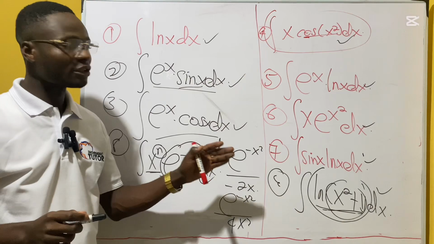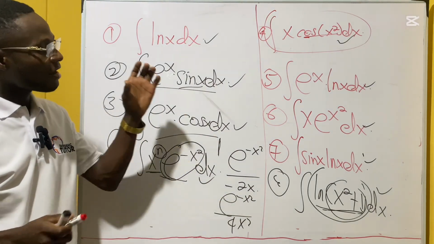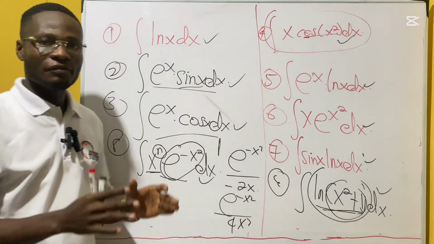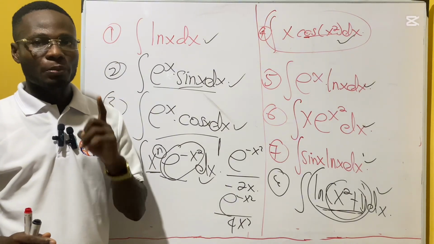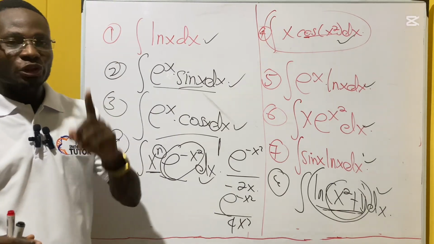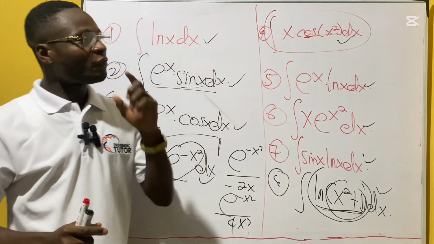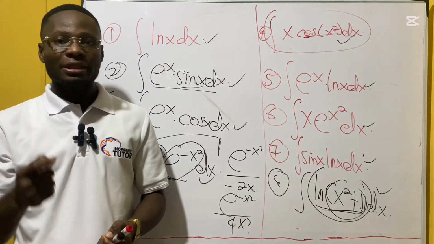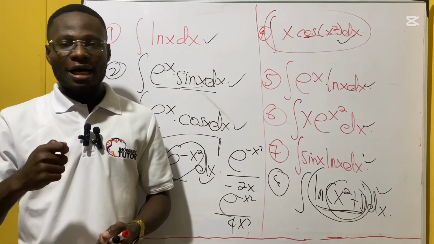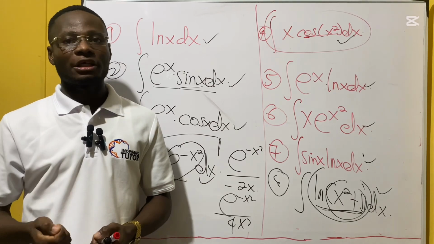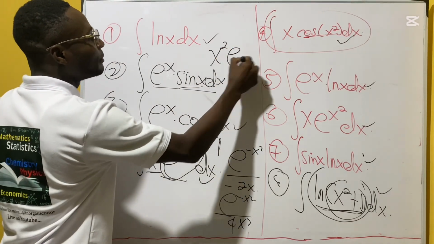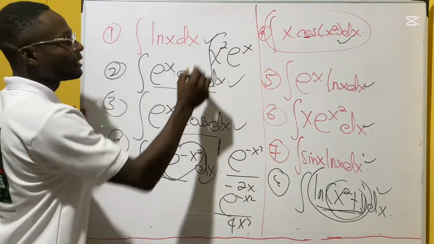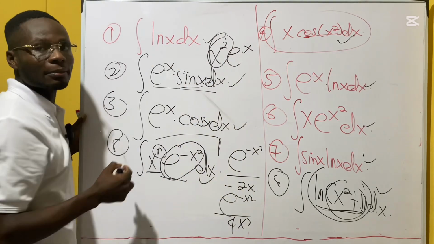So study the functions well, so that when you have any function of this form, you don't attempt to use the tabular approach. The tabular approach is solely applicable to functions that involve repeated application. For instance, when you have x squared e power x, this is what I mean by repeated application.